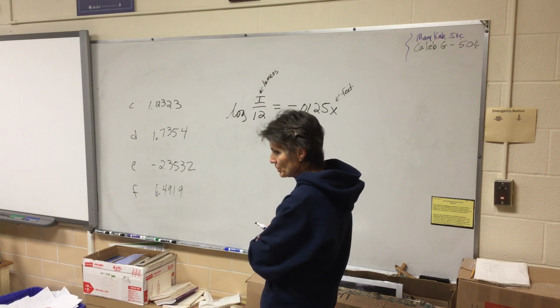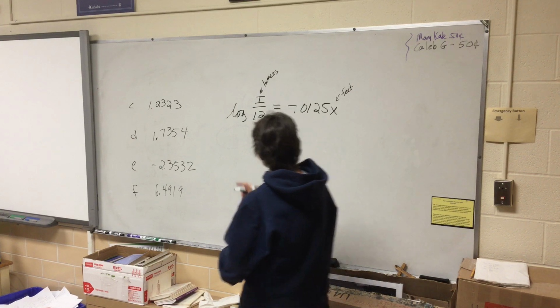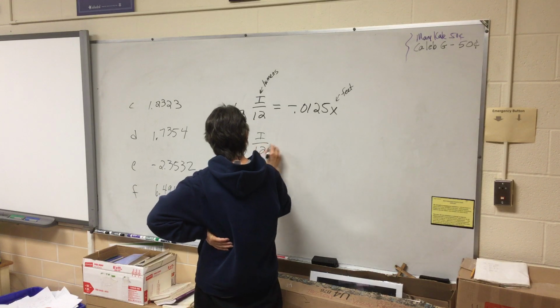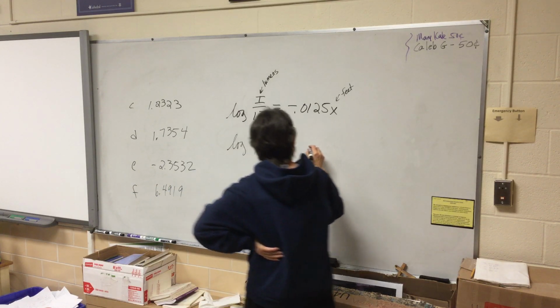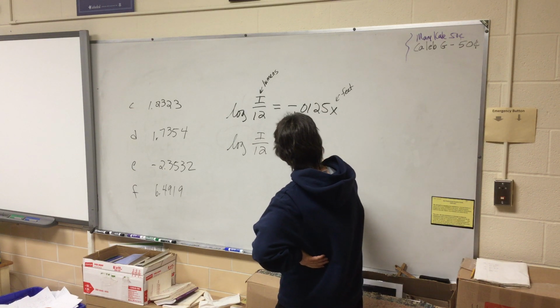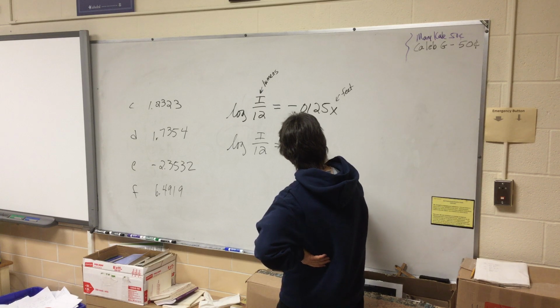All right, what am I going to do? You're going to plug in 10 to X. I am. Now, I need everybody paying attention because we're going to have to do some stuff that we talked about the other day. If I times that by 10, it'll just become negative 0.125.